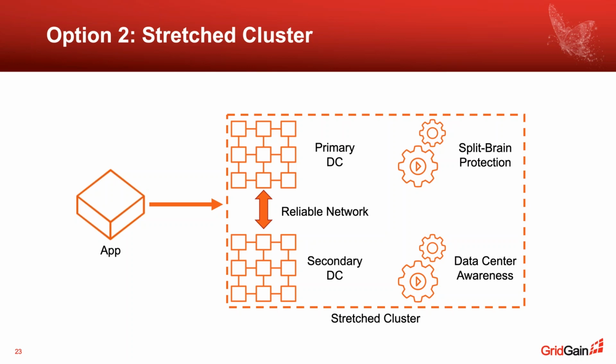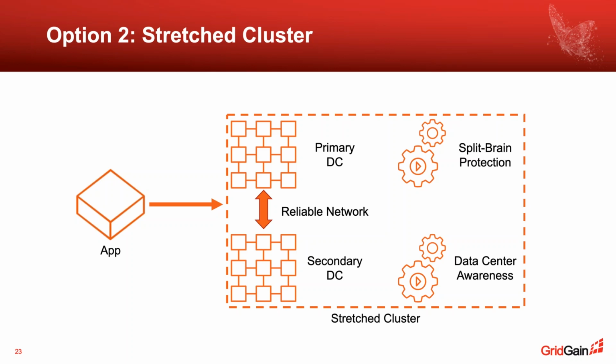Then you may still see network interruptions. And in that case, you need something which is called split brain protection. And split brain is really a disastrous event that may happen to a distributed system, and I will explain it in more detail shortly.